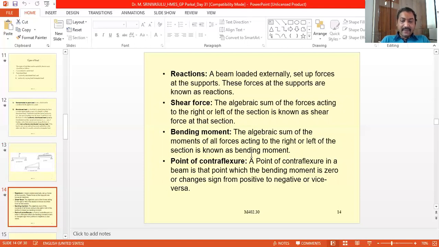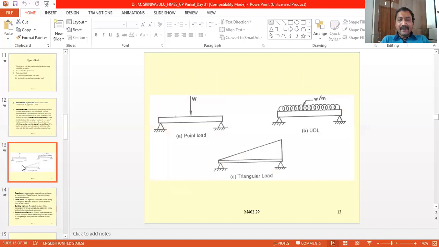So suppose a beam is loaded at the midpoint and supported at the two ends. Here this beam is supported at the two ends and it is loaded at the midpoint with a point load.